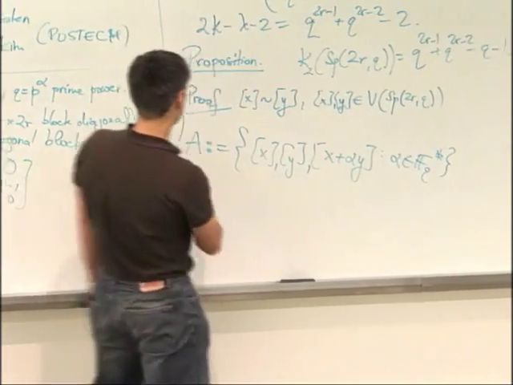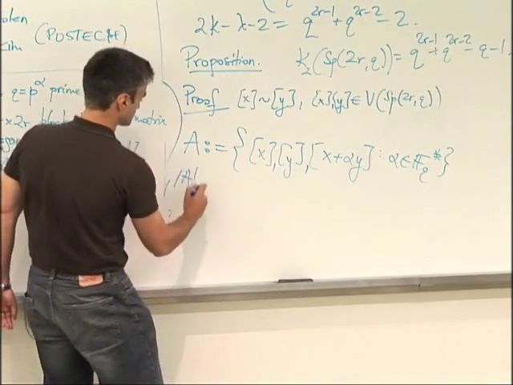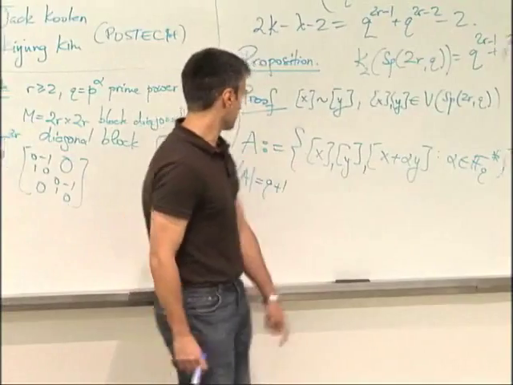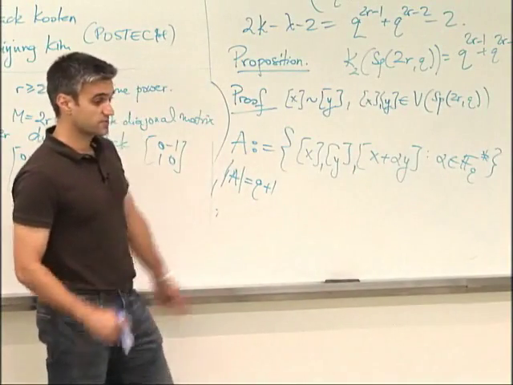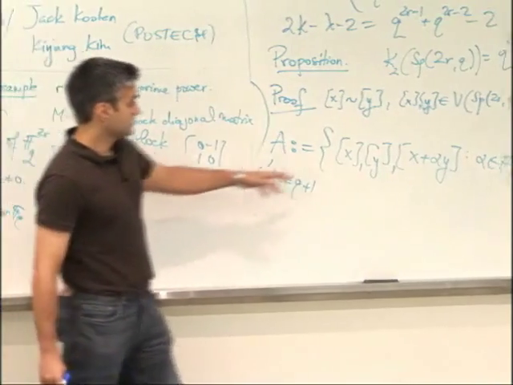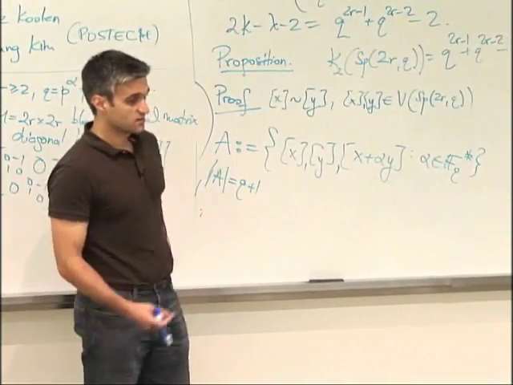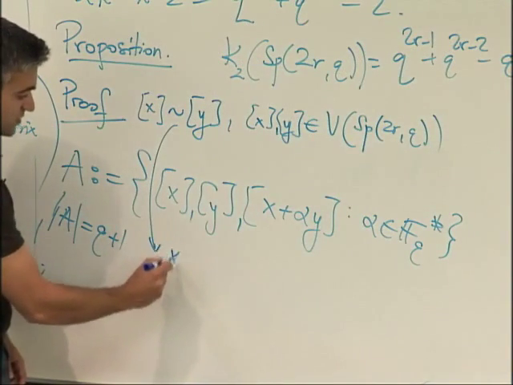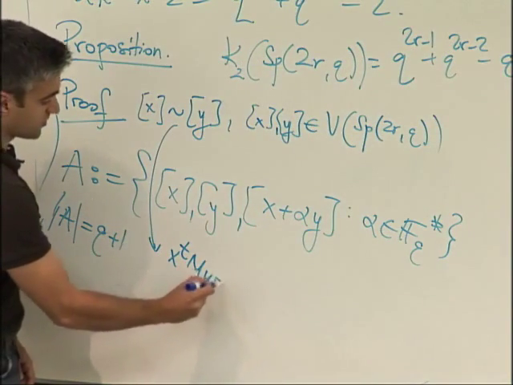So X and Y and everything that looks like X plus alpha Y. This A is going to have size Q plus 1: 2 here and Q minus 1 there. Now also another important property: this is a clique. Because X and Y are adjacent, this means that X transpose MY equals 1.